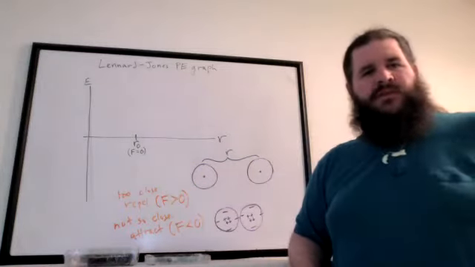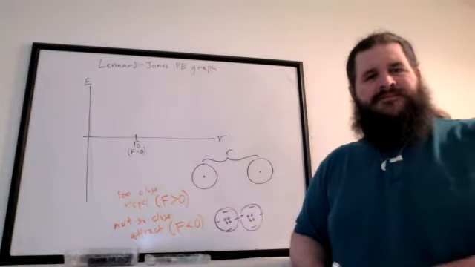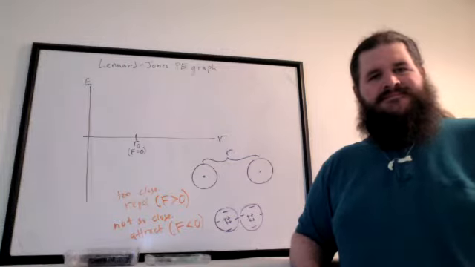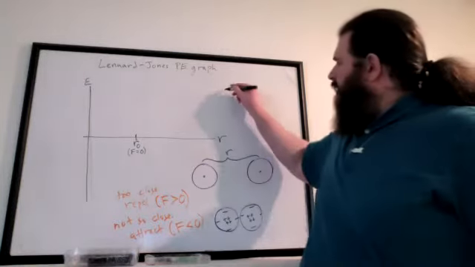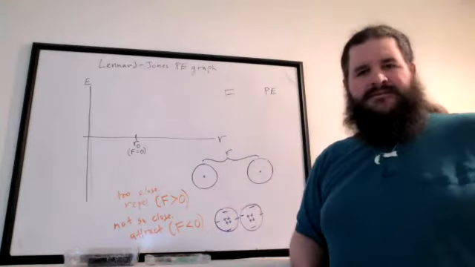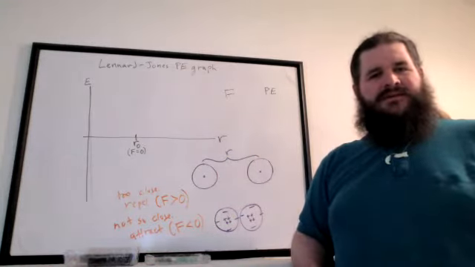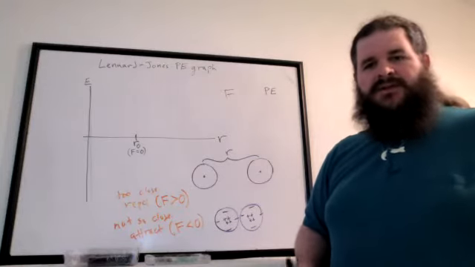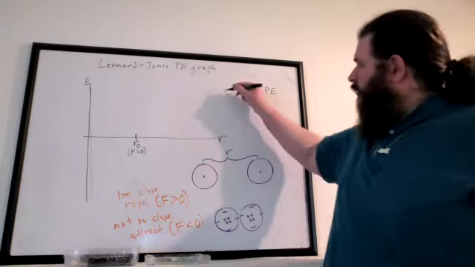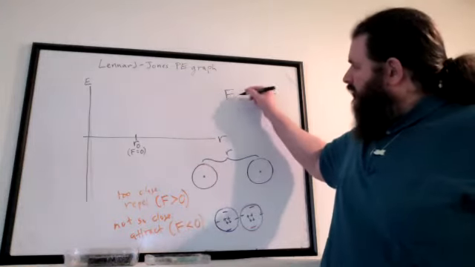And what does force tell you about the potential energy graph? What's that relationship between force and the potential energy graph? Force equals what? Yeah, it's the magnitude of the slope. And we can also even specify a direction there. Force is the negative, the opposite of the slope.